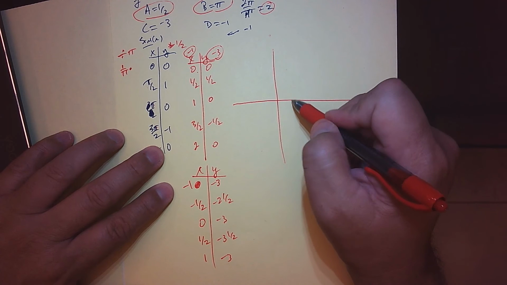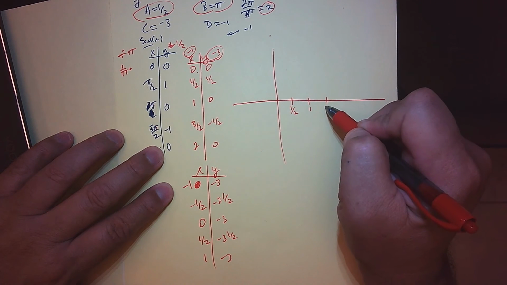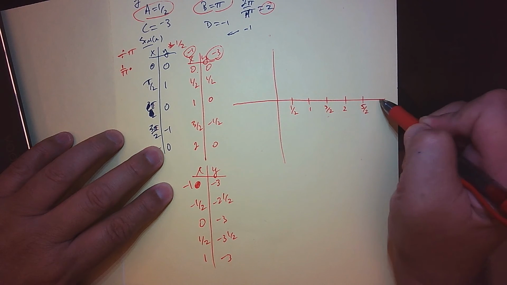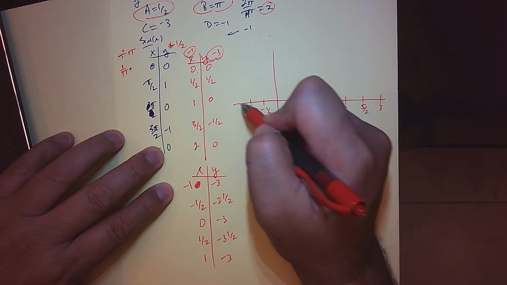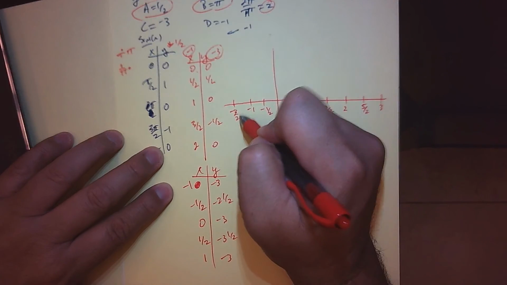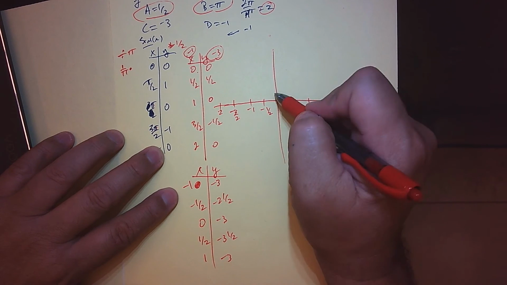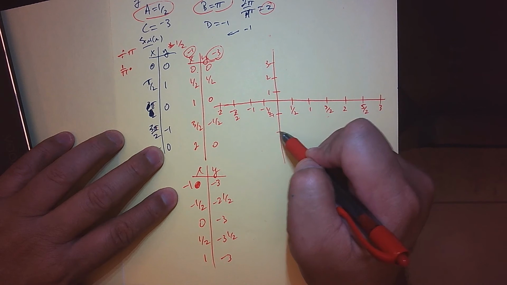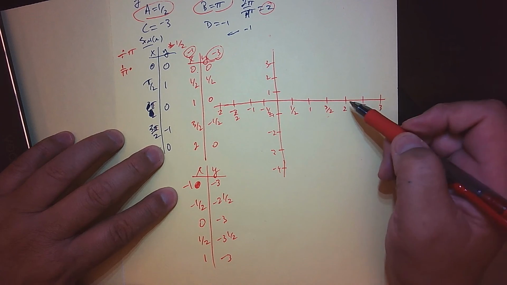So how about we got 1/2 and 1 and 3/2 and 2 and 5/2 and 3. We got minus 1/2, minus 1, minus 3/2, and even a minus 2. And along the x-axis, we've got 1, 2, 3, negative 1, negative 2, negative 3, negative 4. So we're ready to start plotting.